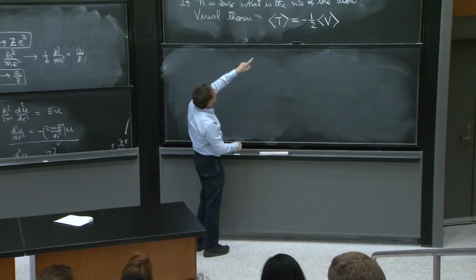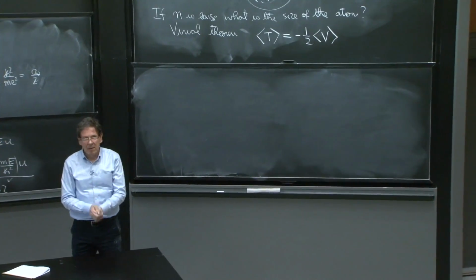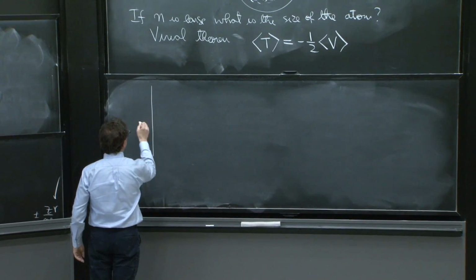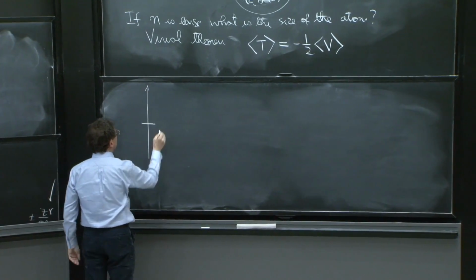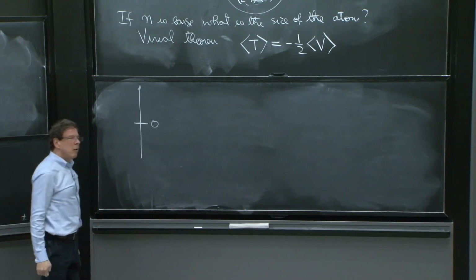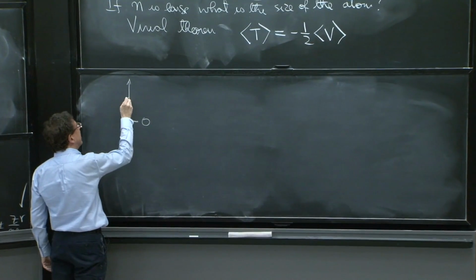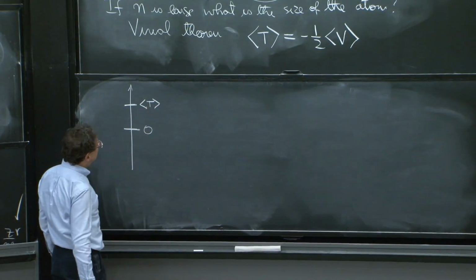So how does one remember or picture that? One way is the following, and that's the way I like it. I imagine the energy line here, and here is 0. And the one thing I remember is that, yes, there's a kinetic energy here.